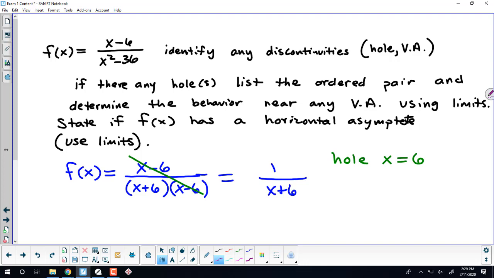The ordered pair would be 6, 1/12. Yeah, so we're going to show the ordered pair using limits. Because the limit as x approaches 6. Exactly. But what else do we know? Yep. The factor left over, x plus 6 on the bottom, corresponds to a vertical asymptote.